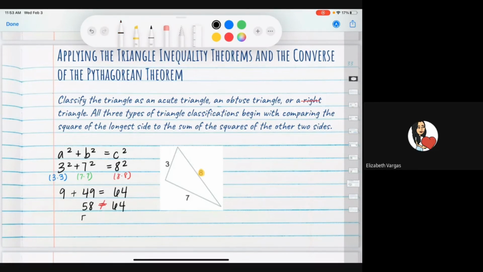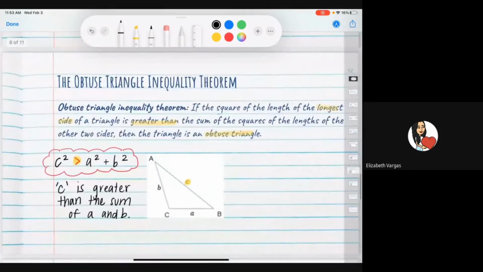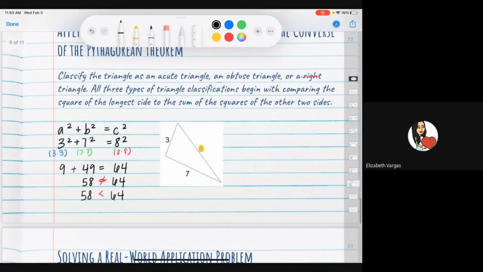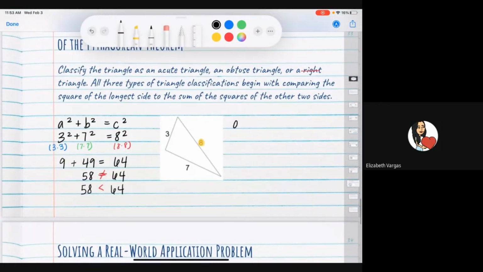Well, it looks like C squared would actually be greater than my other two sides. But what did we see? Well, we see that the obtuse triangle inequality theorem tells us C squared is greater than the sum of A squared and B squared, which we see right here. So this triangle would be an obtuse triangle.